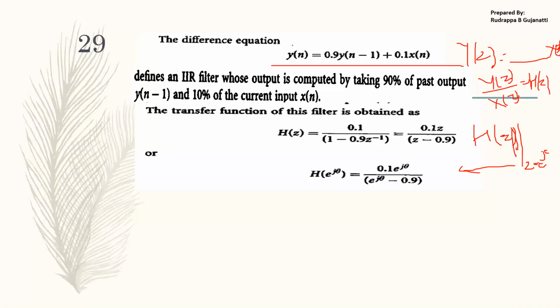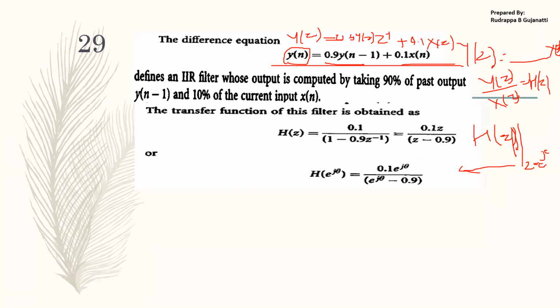If I take the Z transform of this, it is Y of z. The Z transform of this term is 0.9 times Y of z into z raised to minus 1. And the Z transform of this is 0.1 times X of z.